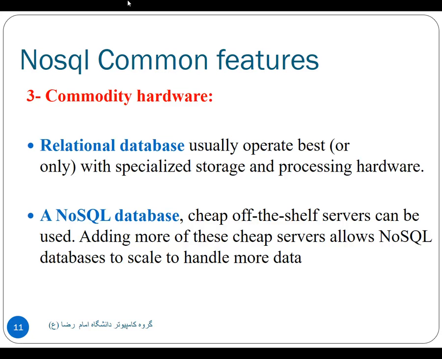If we have more servers, then we can have better scalability using the commodity hardware. That's what we can't have in the relational database, where the cost of the servers is higher. In the NoSQL database, we can do our work with very normal servers. So commodity hardware is a very important feature of the NoSQL database.